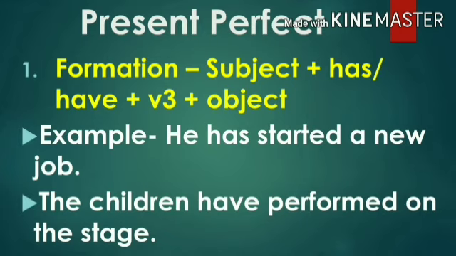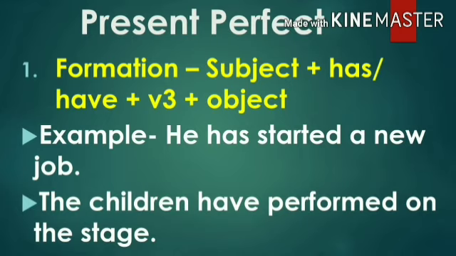Do is V1, present form, did is past form V2, done is V3, the past participle. This is called conjugation of verb. You will get the list in a grammar book. Learn that and use it to make sentences.